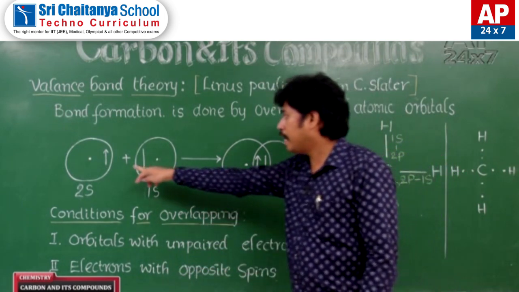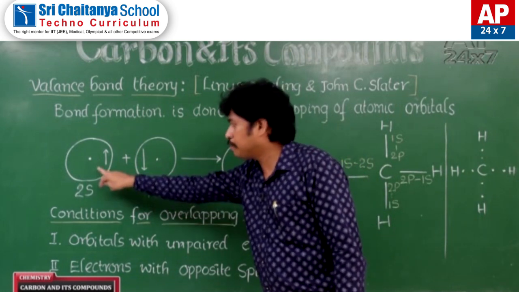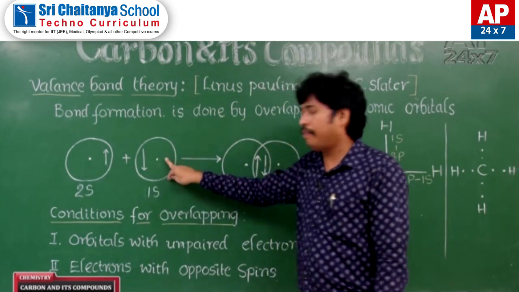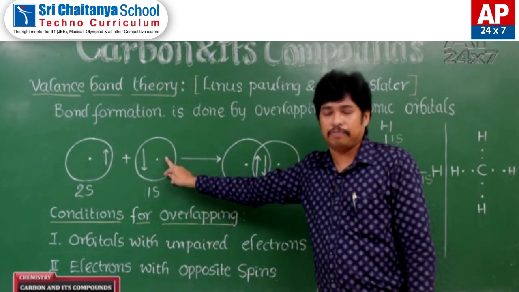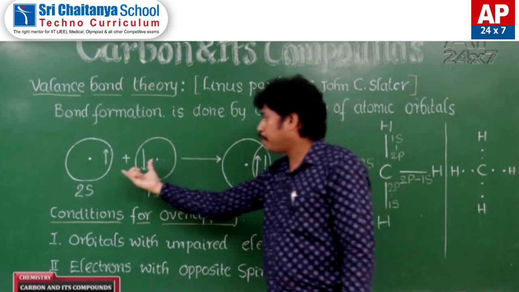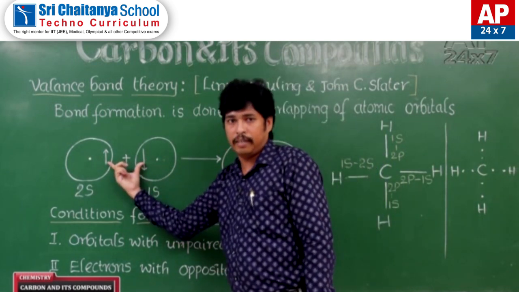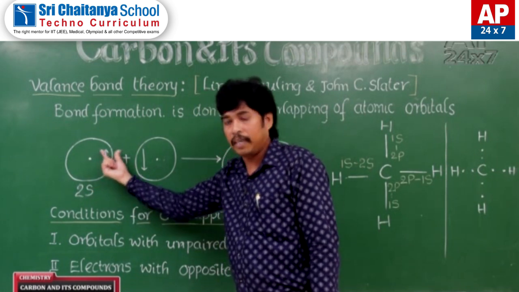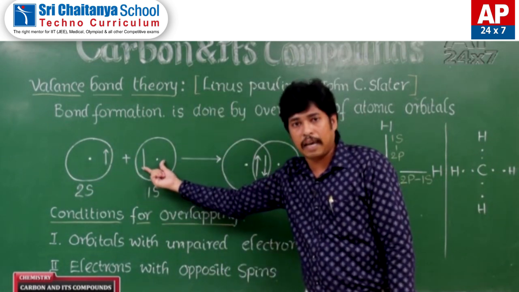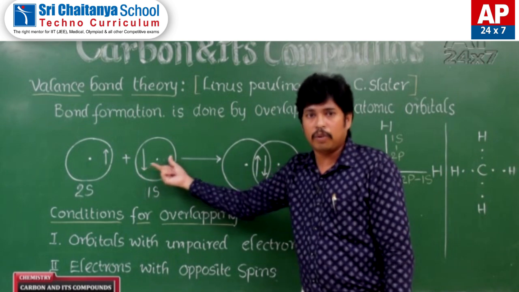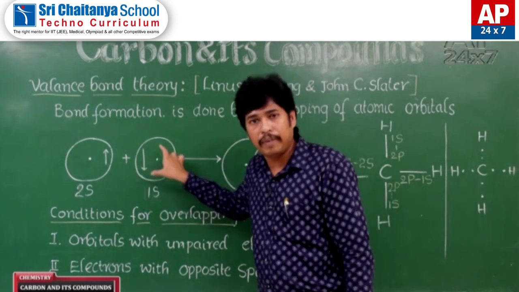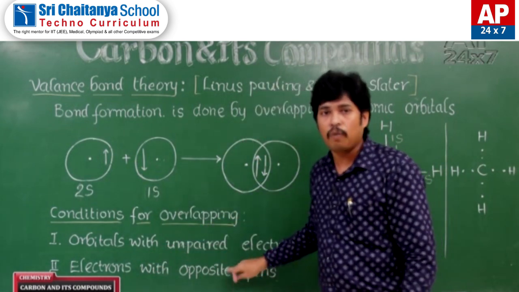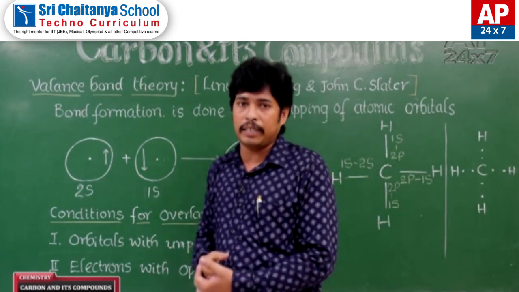The diagram itself indicates that the 2s electron of carbon has a clockwise direction and the other has an anti-clockwise direction. So, the spin of the electron is different here. The 2s electron of carbon has one type of spin and the 1s electron of hydrogen has the other type of spin. Whenever atomic orbitals are involved in overlapping by obeying these two conditions, we can observe the formation of covalent bonding.